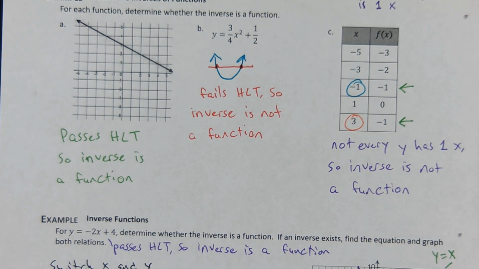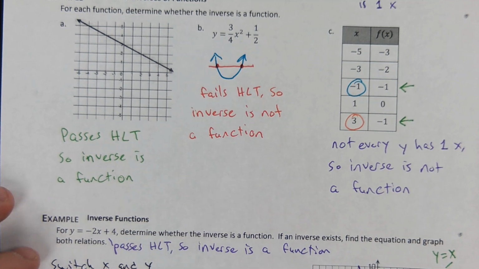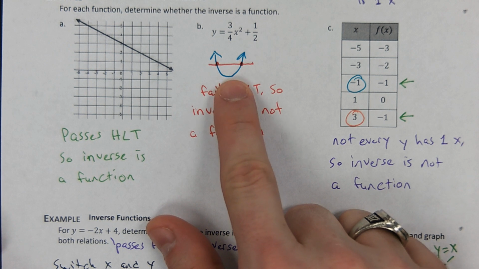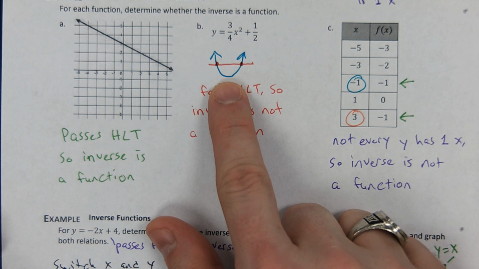But mathematicians are obsessed with functions, and they want things to be one-to-one. So you go, okay, how can I make it so that this quadratic has an inverse that is a function? And there's a way. The way we do that is we split this in half. We call it two different functions. And then we say each of those two functions has its own inverse.